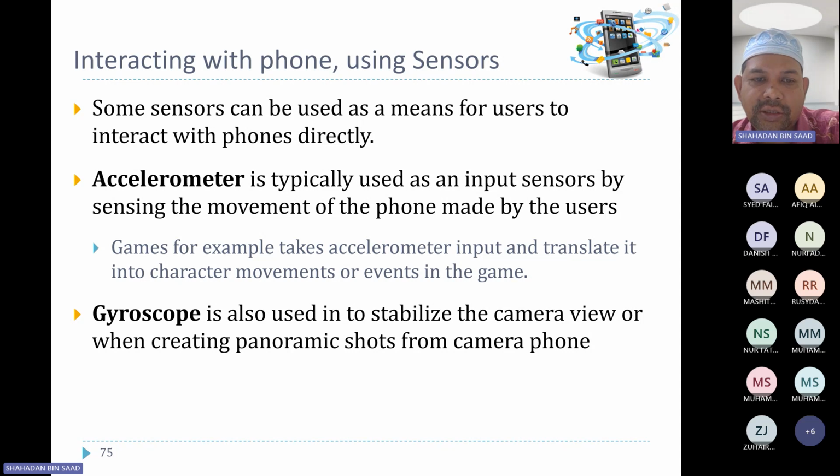Gyroscope is also used to stabilize the camera view or when creating panoramic shots from a camera phone. Kadang-kadang kita pakai triple kamera pun ada kan. Kamera sebelah pergi ke kanan, sebelah ke kiri, satu tengah, so boleh dapat lebar atas bawah.